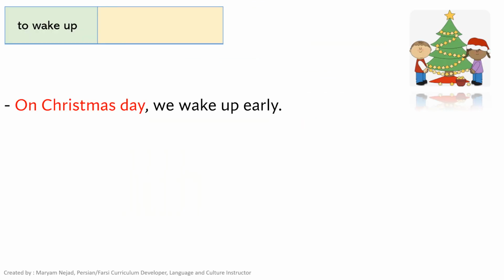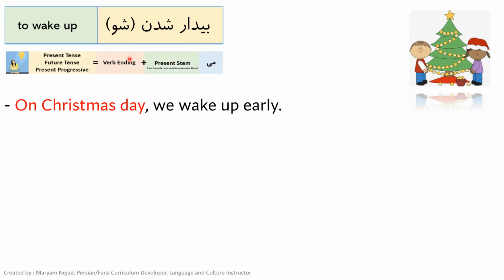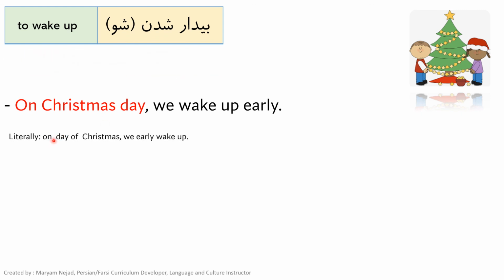Let's see an example here. We want to say on Christmas Day we wake up early. So the verb to wake up is بیدار شدن. And then the tense is present tense, so you need the present stem to form present tense. So literally, we need to say something like on the day of Christmas, we early wake up.